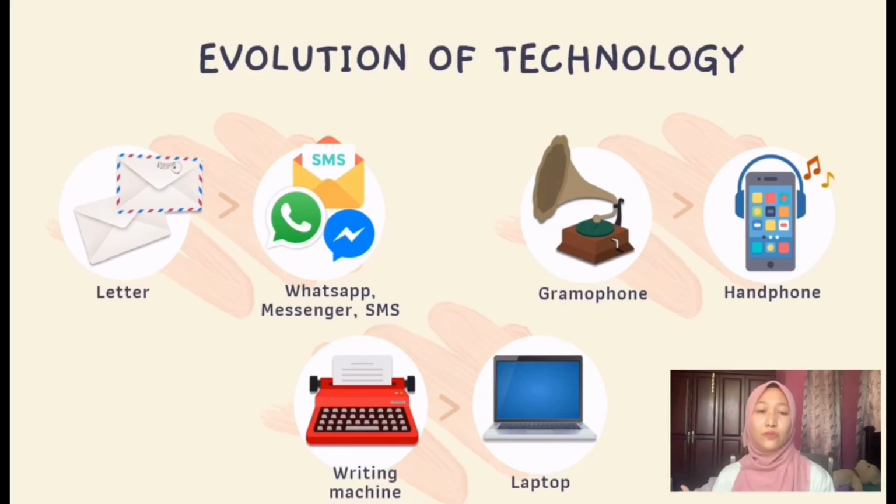We can interact with our friends using all of the social media. You can also see other examples of the evolution. Throughout the era, everything changed. We start to invent technology which makes our life easier, such as the smartphone. That is their motive for doing inventions in the past.